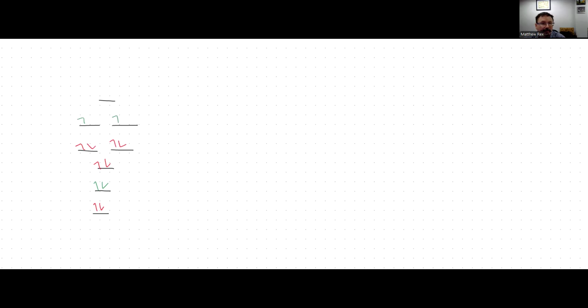So now I have 8 electrons in bonding orbitals and 4 electrons in antibonding orbitals. So the bond order for this one should be 2. So here, we'll write this over here. O2, bond order 2.